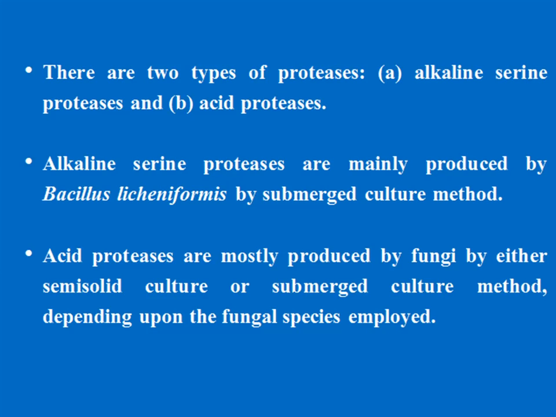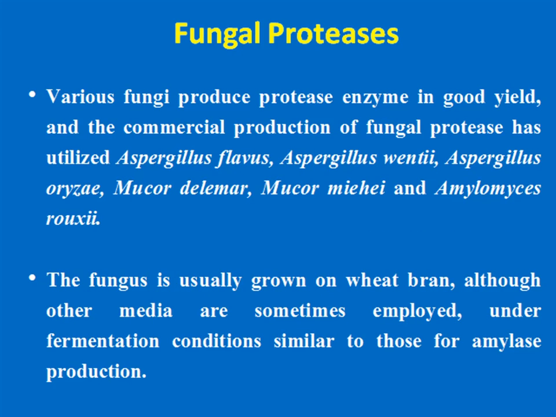Acid proteases are mostly produced by fungi by either semi-solid culture or submerged culture method, depending upon the fungal species employed. Fungal proteases. Various fungi produce protease enzyme in good yield, and the commercial production of fungal protease has utilized Aspergillus flavus, Aspergillus wentii, Aspergillus oryzae, Mucor delemar, Mucor miehei, and Amylomyces rouxii.